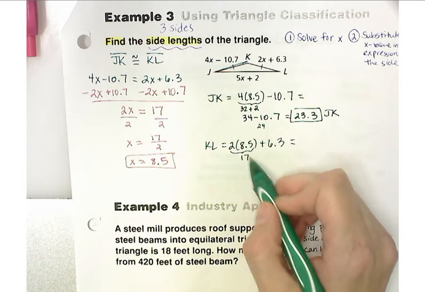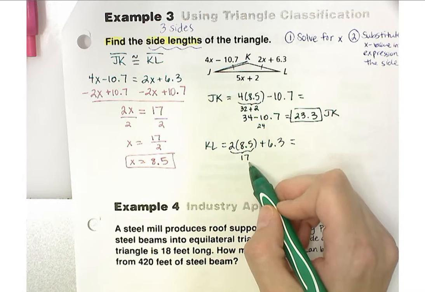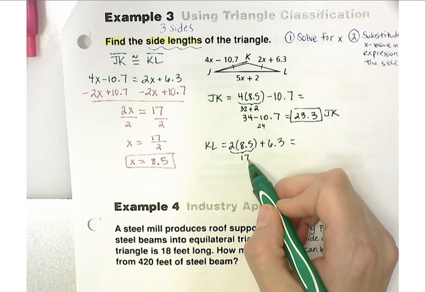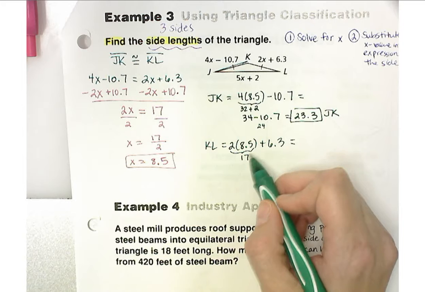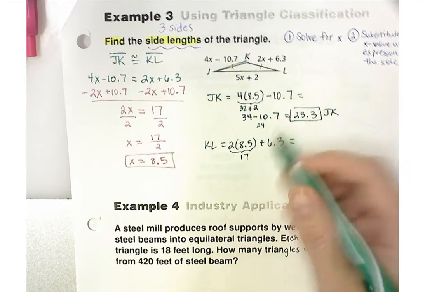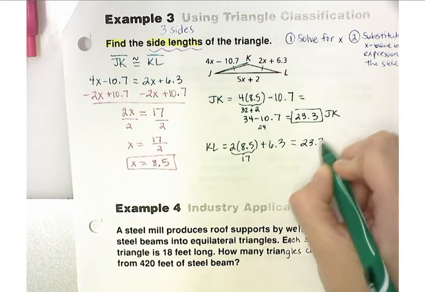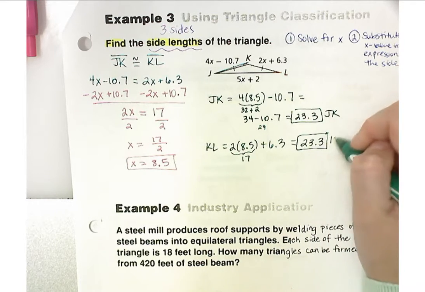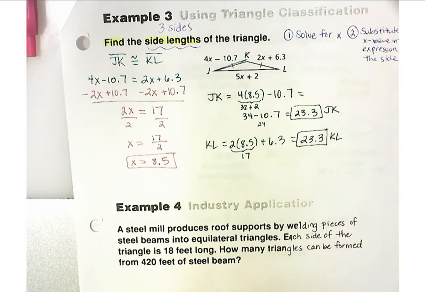So what's my next whole number after 17? Yeah, 20. That ends in a 0. So I would need to add 3 to get to 20. So this would be 23.3. And that is your KL. So good. Those ended up being the same.